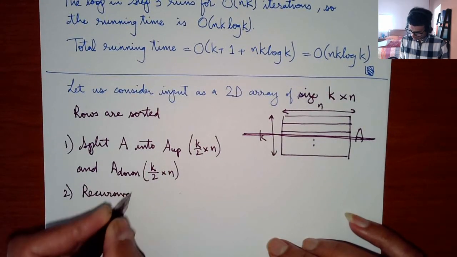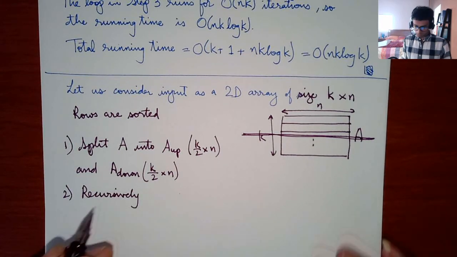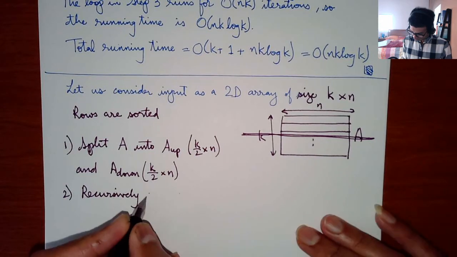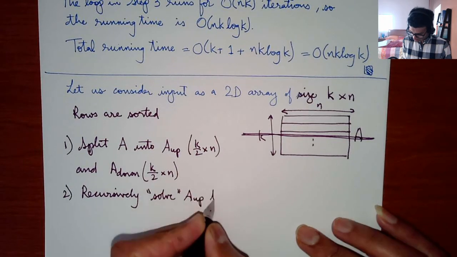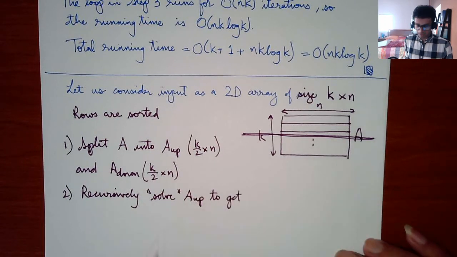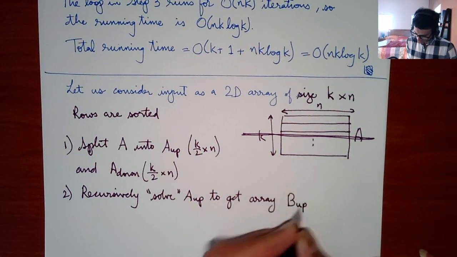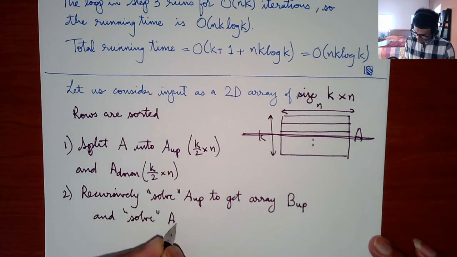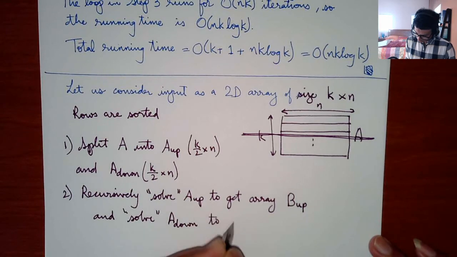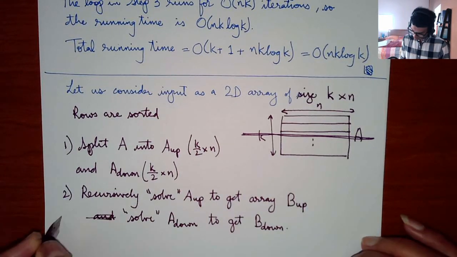Recursively, using divide and conquer, solve A up to get the array B up, and solve A down to get B down. This is step 2, step 3.